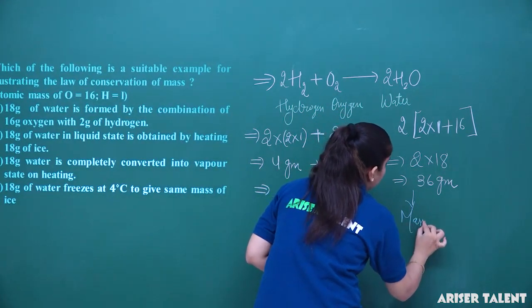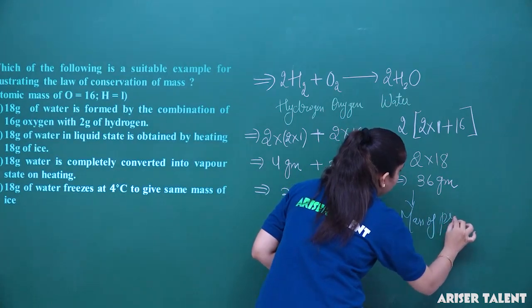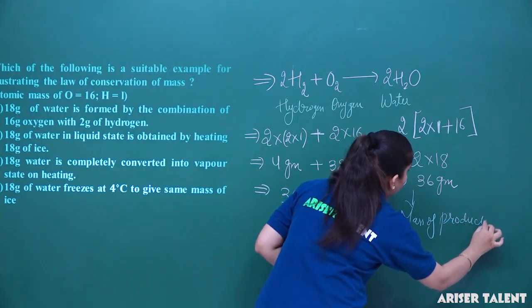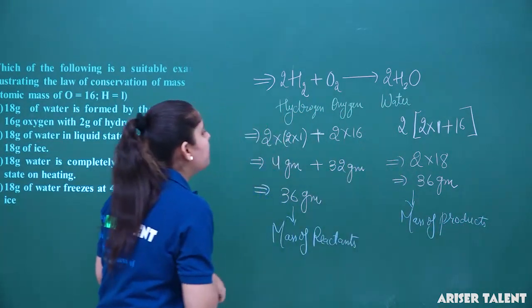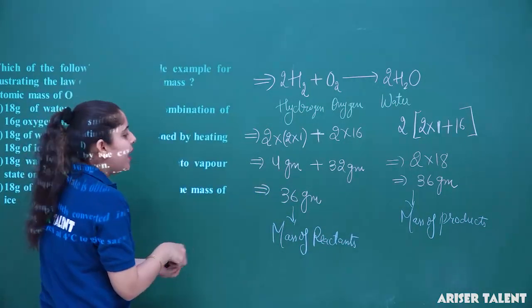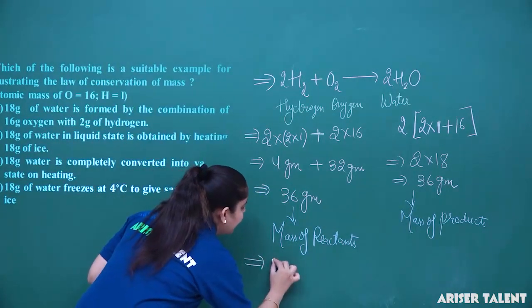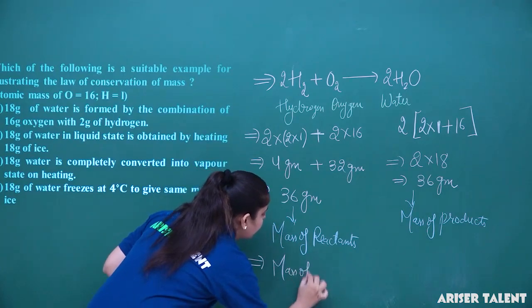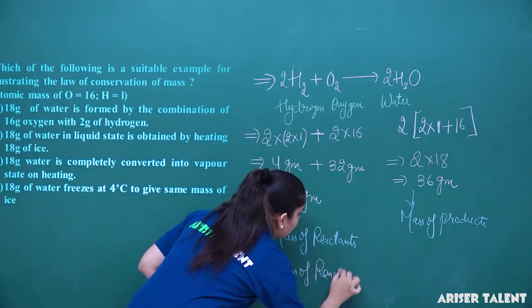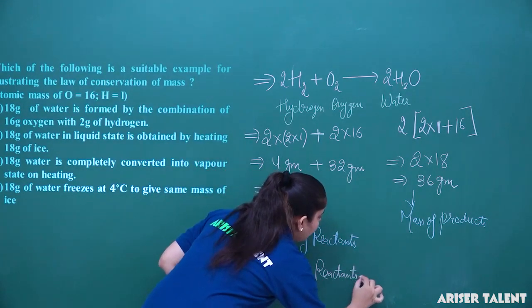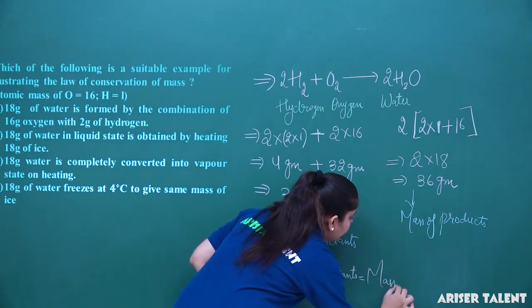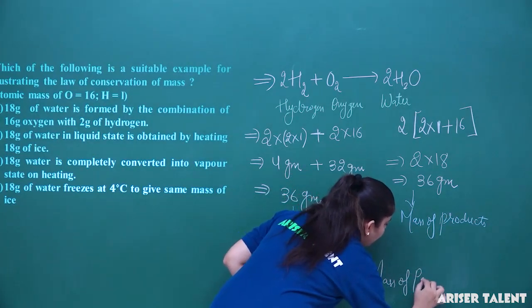From this solution, we can analyze that the mass of reactants is equal to the mass of products.